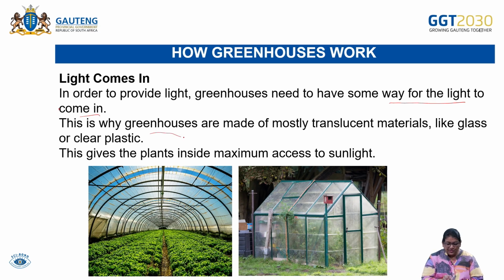This is why greenhouses are made up of translucent materials like glass or clear plastic. And remember, it's not the clear plastic that you use to put crisps and things like that in. It has to be hard, durable plastic. But translucent means light must go through, so it mustn't have a color. So this gives plants inside the maximum access to sunlight. So very important.